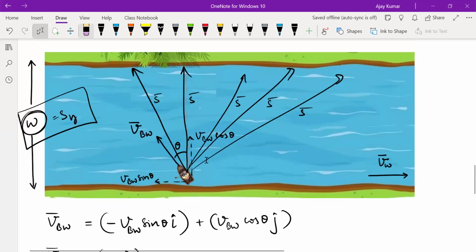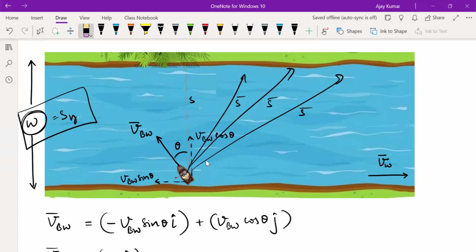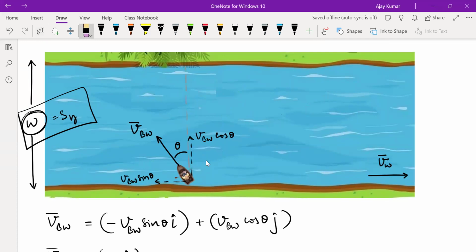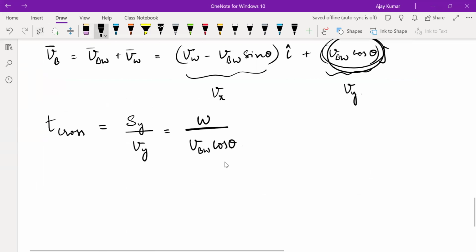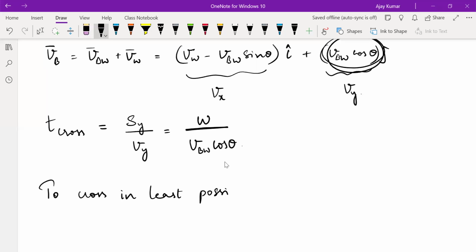Now let's imagine this theta is variable. Let's say you can choose theta, I mean, you can choose the angle at which the boat is driven. The question is, what angle theta will you choose, or at what angle should the boat be directed such that it takes the minimum time to cross? Type your answers in chat, don't unmute. To cross the river in least possible time, how much should theta be?